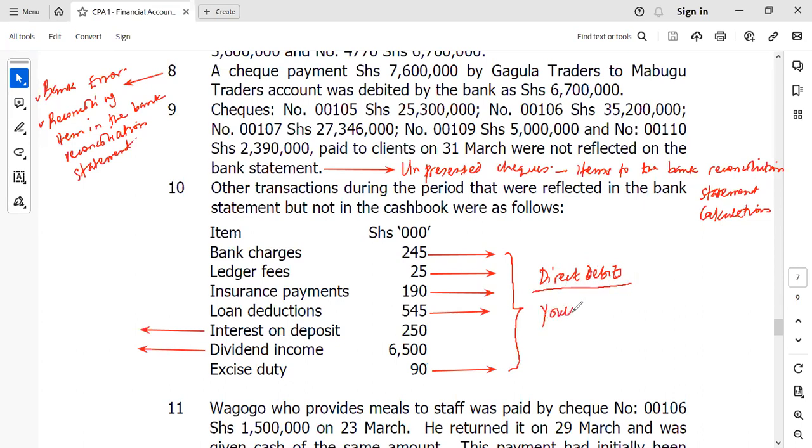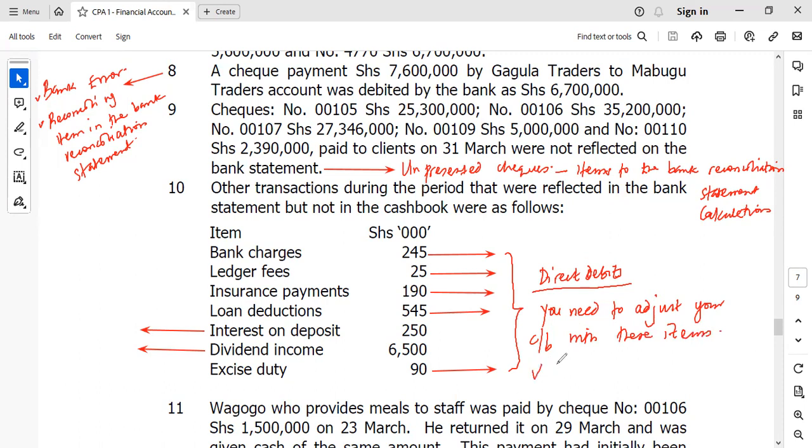So you need to adjust your cash book with these items.